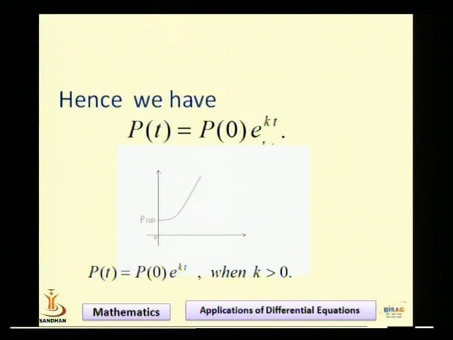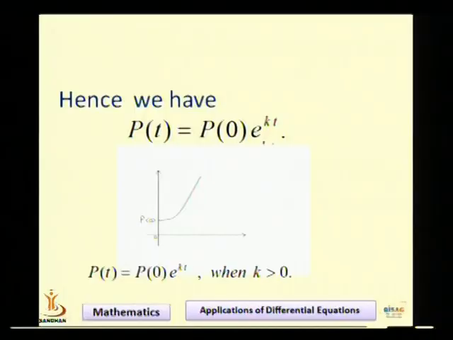Now suppose you want to draw the graph of P of t is equal to P naught e raised to kt. You take time along the horizontal axis and P of t along the vertical axis. When time t is equal to 0, you have P of 0.